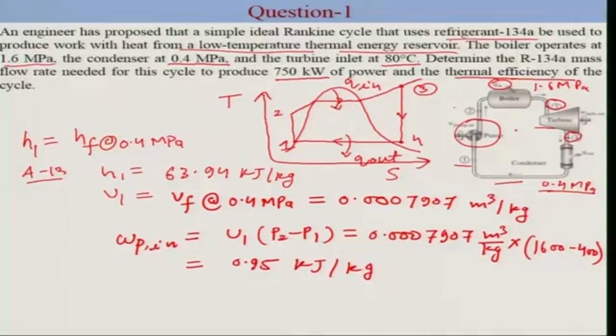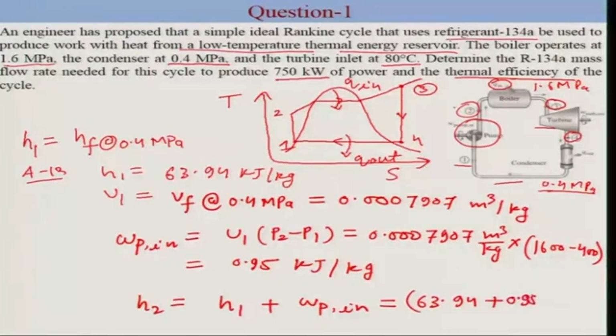From the energy balance on the pump, we get H2, enthalpy of this state 2, will be equal to enthalpy of the saturated liquid plus work done by the pump on the refrigerant. So, this will be equal to 63.94 plus 0.95 kilojoule per kg.